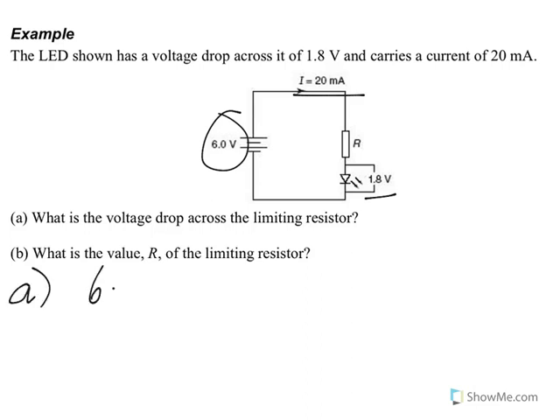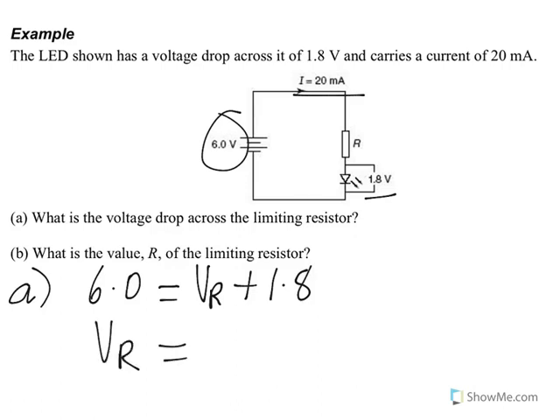So the 6 volts that we've got is the voltage at the resistor plus the diode, which is 1.8. So the voltage across the resistor then is 6 minus 1.8, which is 4.2 volts.